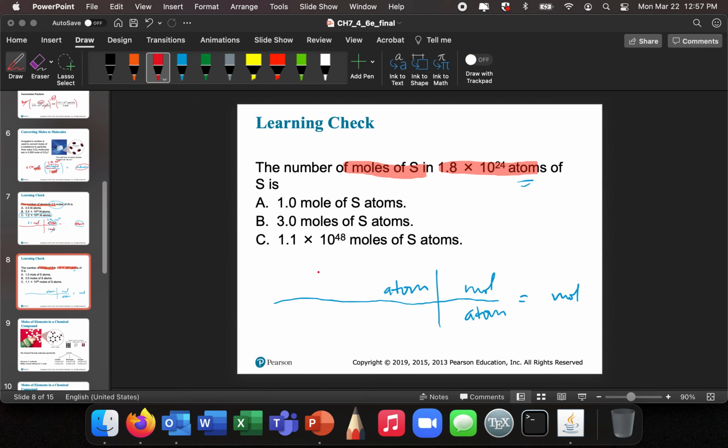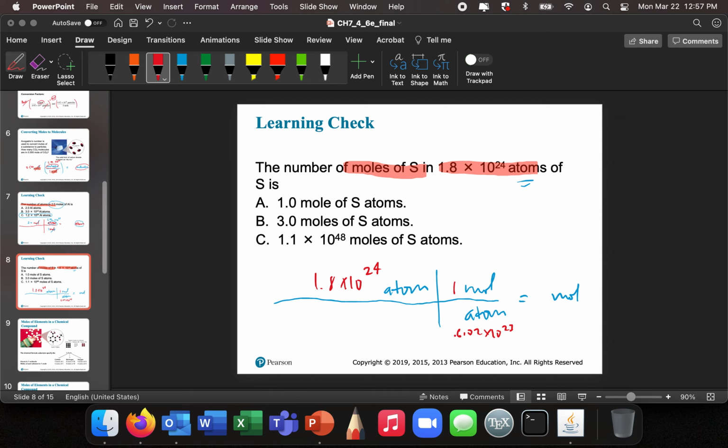I was given 1.8 times 10 to the 24 atoms. And there are 6.02 times 10 to the 23rd atoms per mole, there's 1 mole for that many atoms, right?